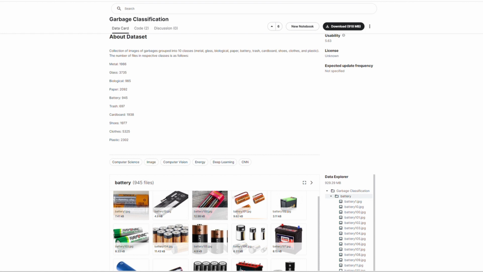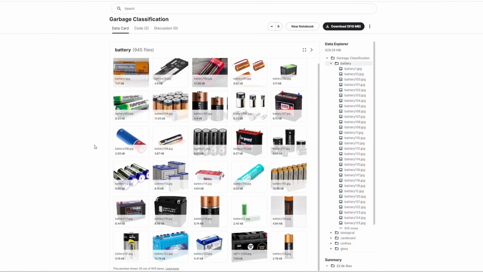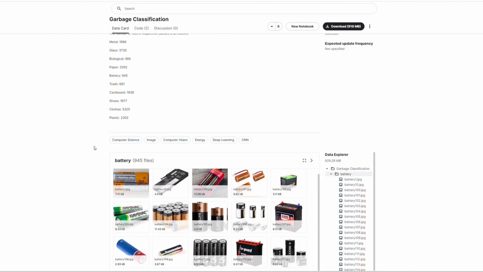So let's think about what that means. Well, garbage is sorted into 10 classes, and maybe this is meant to help a recycling plant figure out if something is recyclable or not. Probably that's the ideal use.